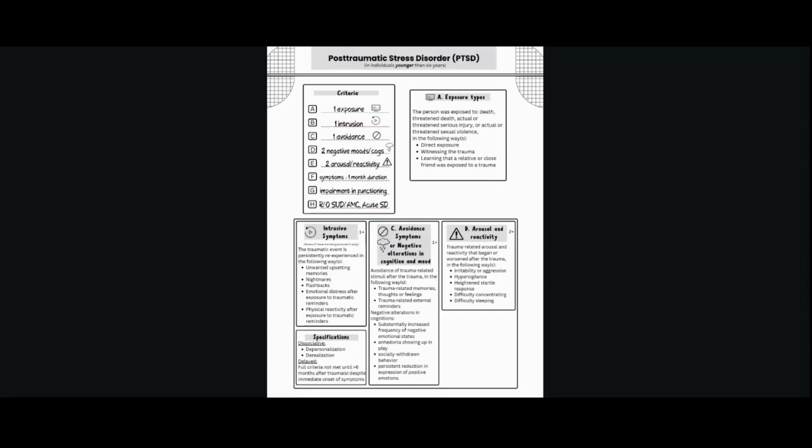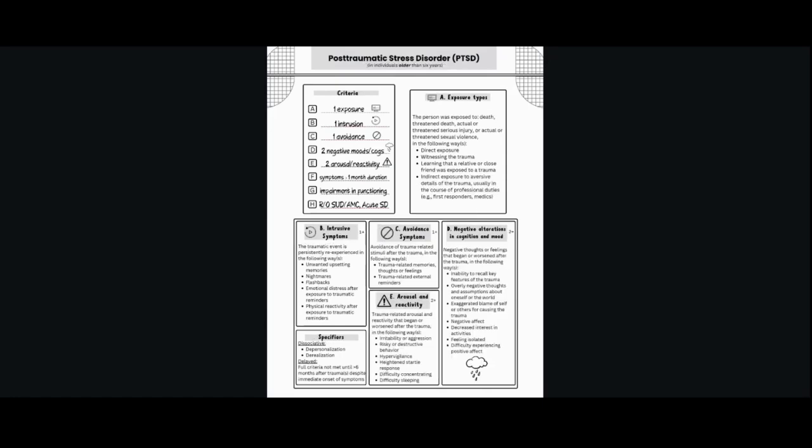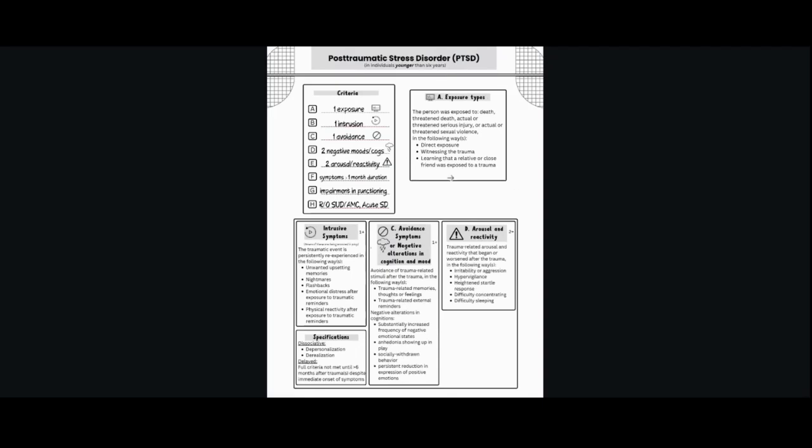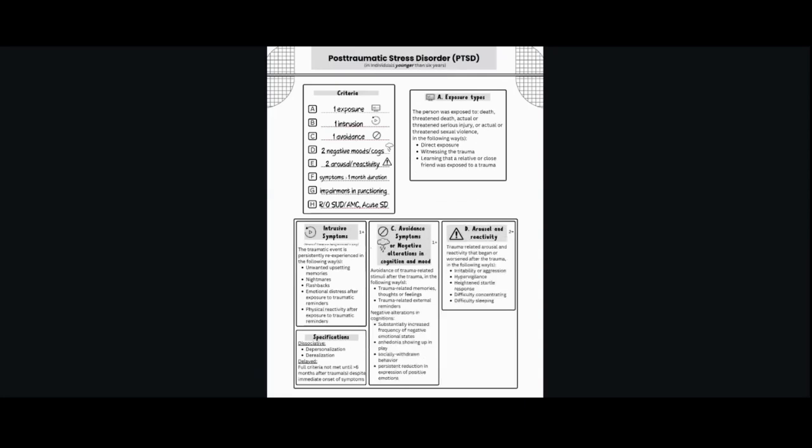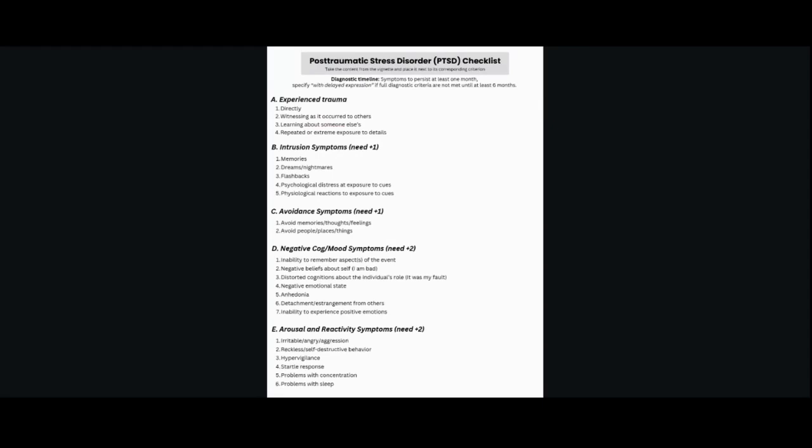The biggest difference between PTSD in children under 6 versus children over 6 and adults is that it's not a matter of indirect exposure to aversive details of the trauma in criterion A, and the negative alterations in cognitions and mood are a little bit different too. Just know that there are differences.